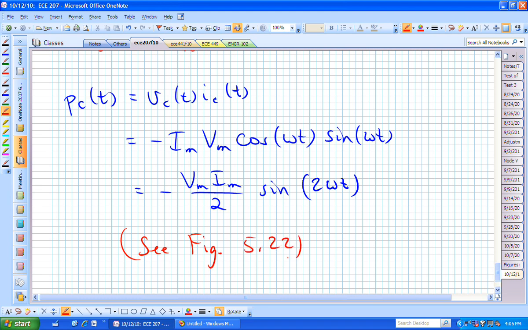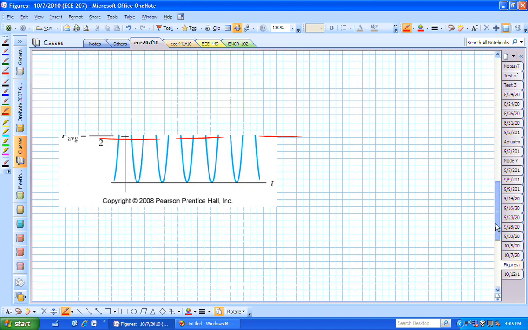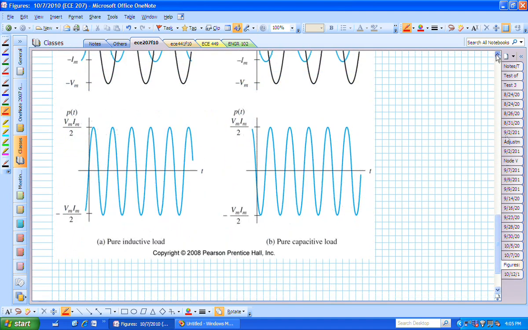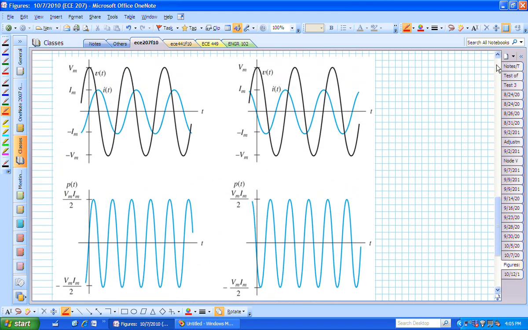And we can go back and look at that figure also. It's going to look similar to what the figure did for the instantaneous power of an inductor. If we go back and look at the right side of figure 5.22, again, it's going to have 0 average value if you were to integrate that. It's going to be at twice the frequency. Now your current is leading your voltage in that particular circuit element, your capacitor.